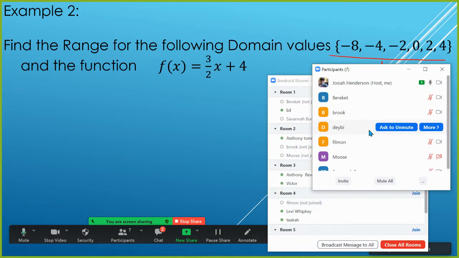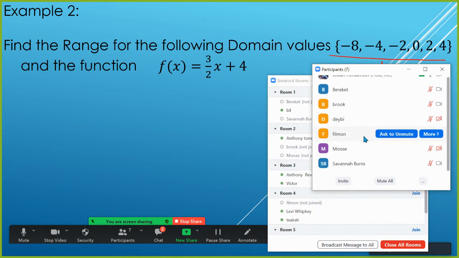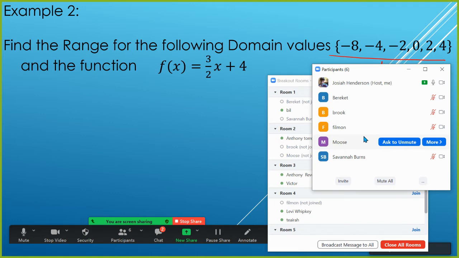Barracat, are you there? Davy, can you hear me, Davy? Philmon, are you there? Interesting.